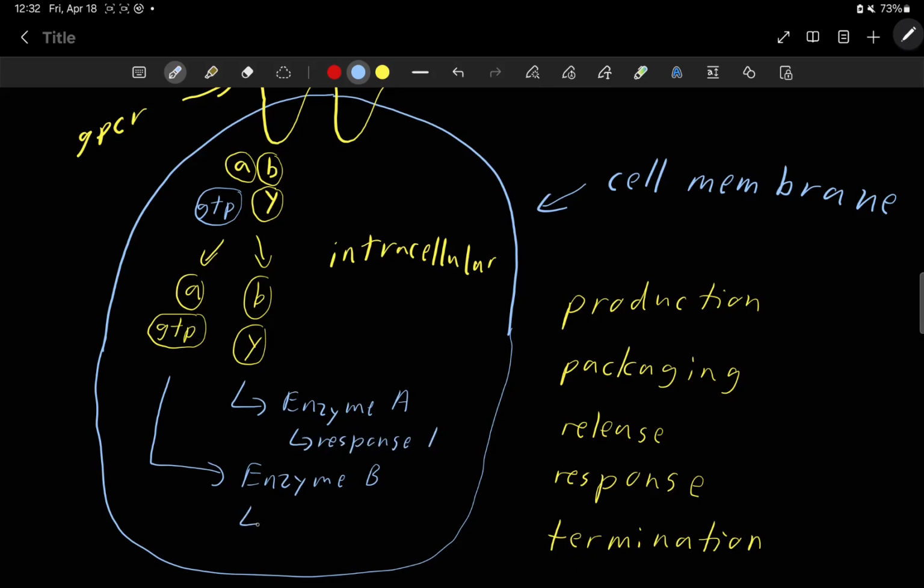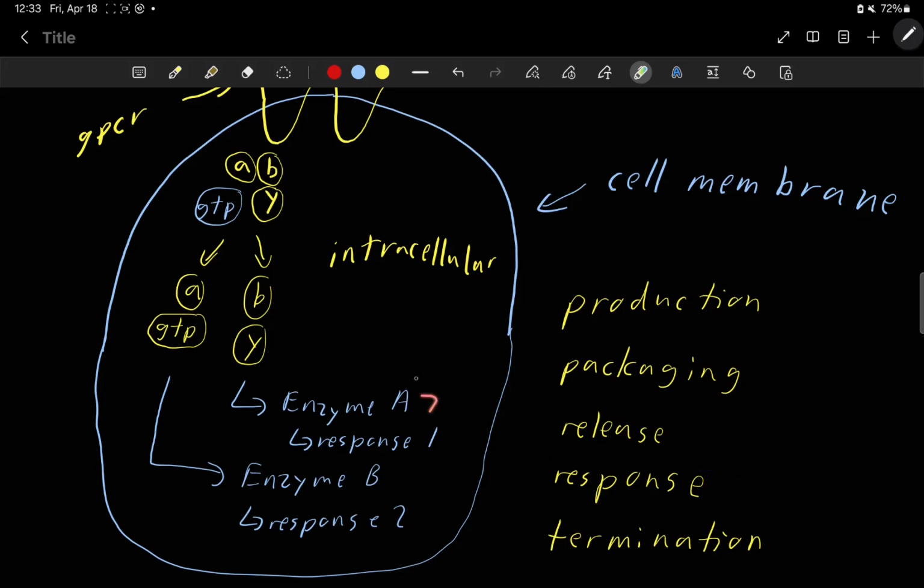So let's just call that response 1 and response 2. And what's interesting is sometimes these responses can actually counteract or work against each other. But the main point is that these protein complexes activate enzymes and produce responses. And this is how the response step of cell signaling happens. This is the mystery.